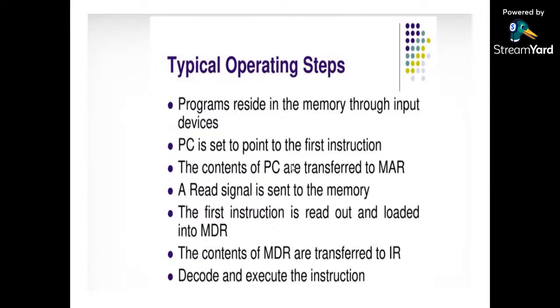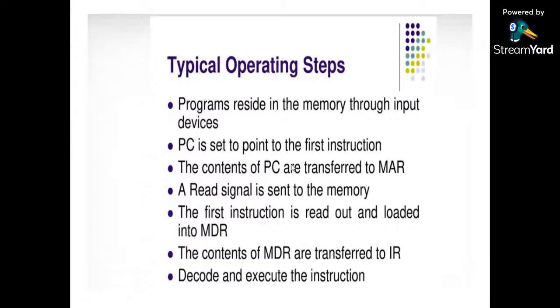Then the instruction is loaded into the MDR. Since it is an instruction, as I have already specified, it will be transferred to the instruction register. After the instruction is transferred to the instruction register, this instruction needs to be decoded. What do we mean by decoding?